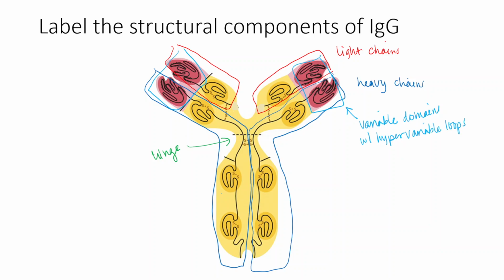That's where we see our hypervariable loops. Yeah, so the yellow is constant region. So I'm just going to point at the yellow part and say constant domains.